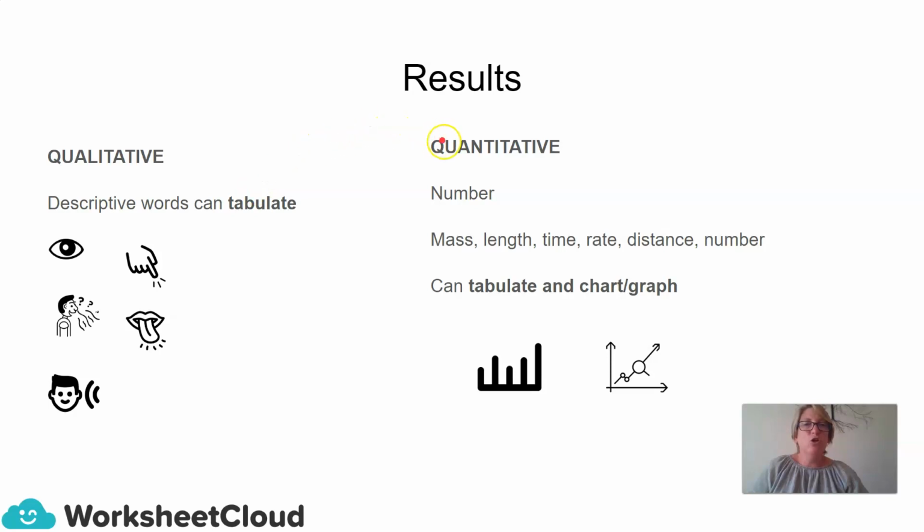Now if we have a look at quantitative results, quantitative refers to quantity, and quantity is a number. So you will be looking at recording a mass, or a length, or a time, or a rate, or a distance, any type of number. Now, obviously, a quantitative result you can tabulate, and a quantitative result you can chart, or you can do a graph.